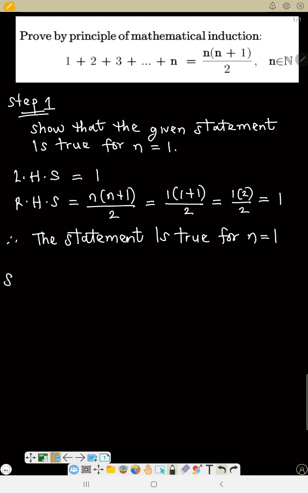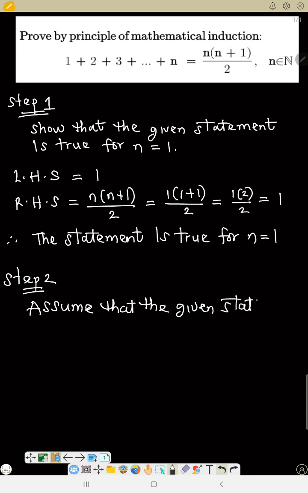So you move to step 2. So step 2, you will write, assume that the given statement is true for n equals to k.